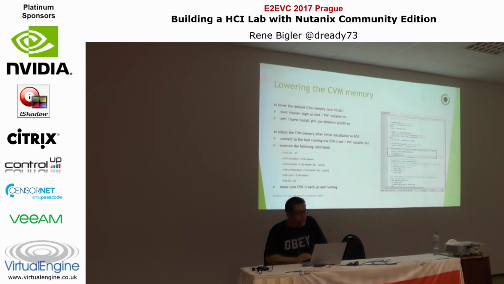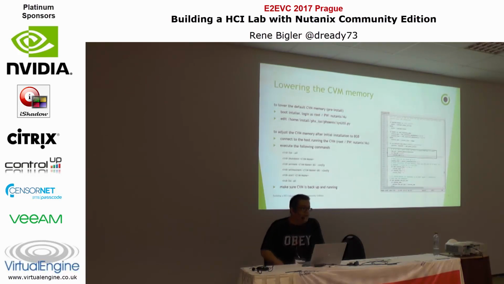You can also lower the minimum required for the CVM, this controller VM memory setup, but probably it's not a good idea, especially if you want to check out the compression features, the deduplication features. So I would start with the basic 12 gigabytes, I think it is, per controller VM setup.